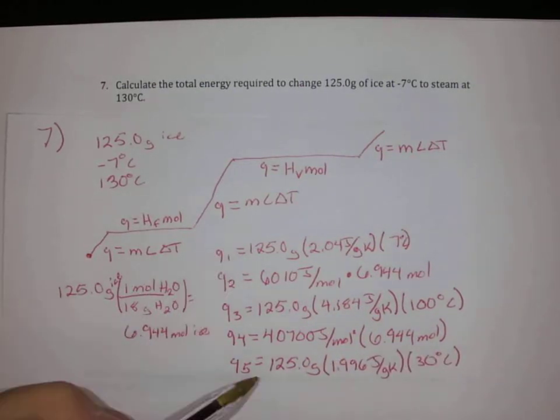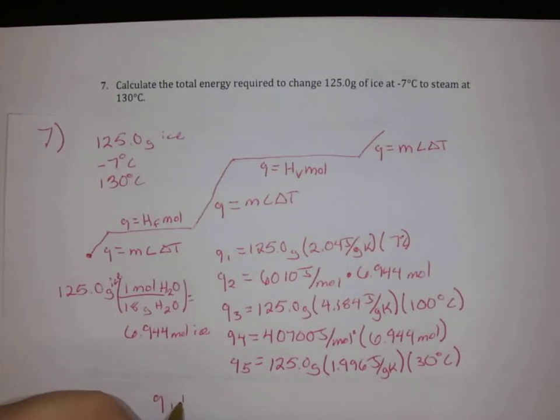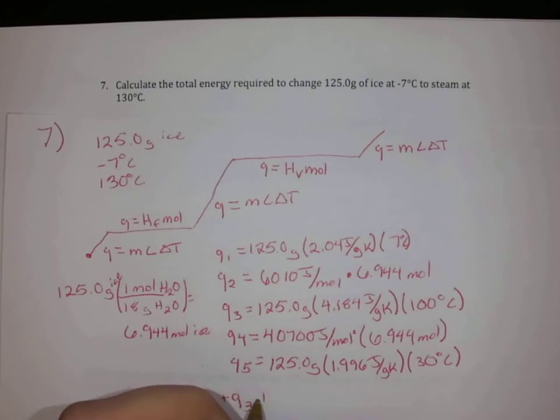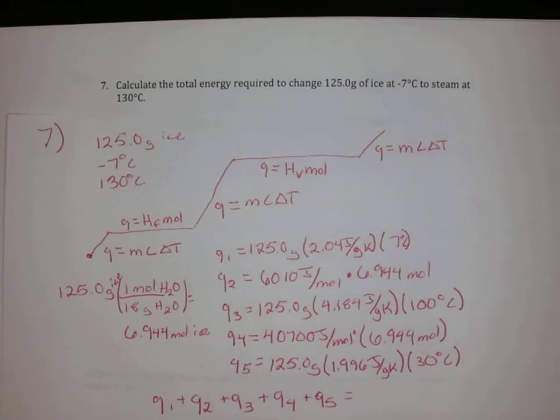We'll solve each of these, we'll add them together, and that's going to be our final answer. So Q1 plus Q2 plus Q3 plus Q4 plus Q5. That's going to be our final answer there.